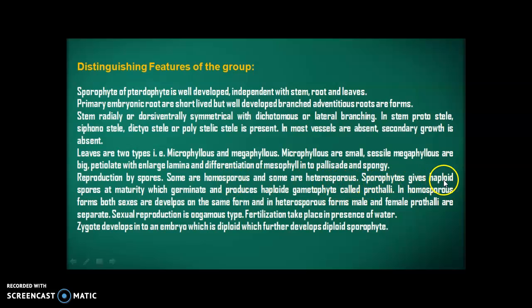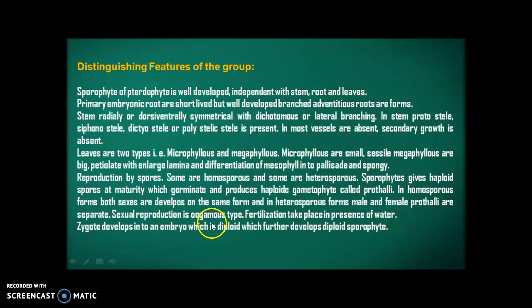The sporophyte gives haploid spores at maturity, and these haploid spores, after liberation or after dehiscence, germinate and produce a haploid gametophyte called prothalli or prothallus. In the homosporous form, both the sex organs, antheridia and archegonia, develop on the same prothallus, and in the heterosporous form, the male and female prothalli are separate.